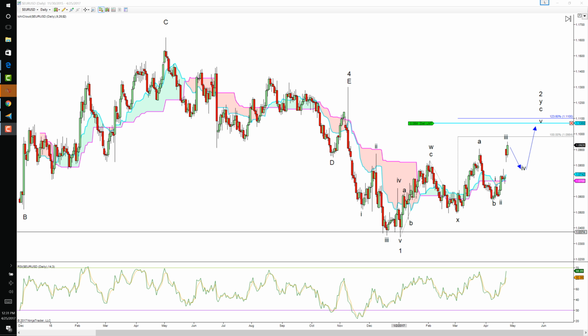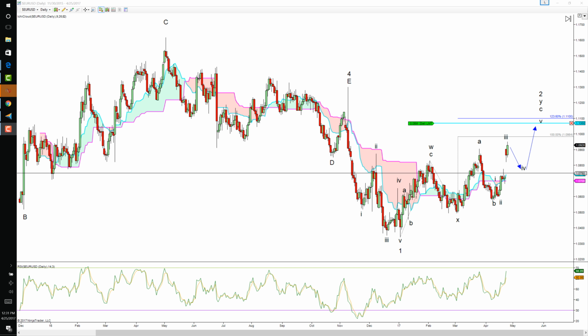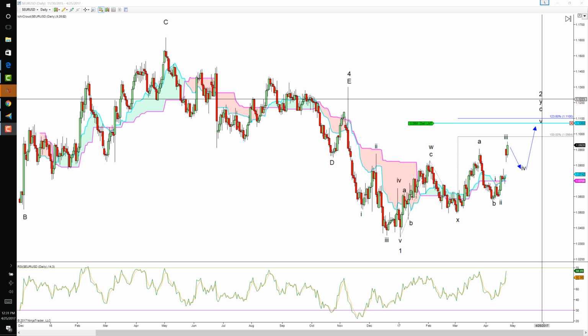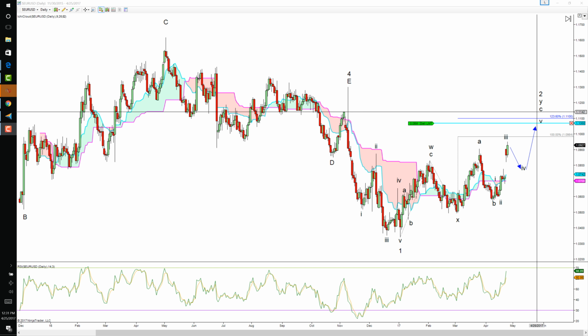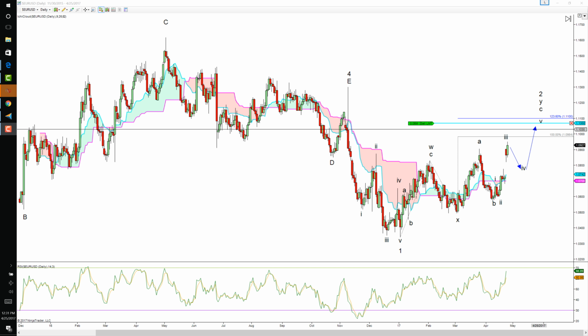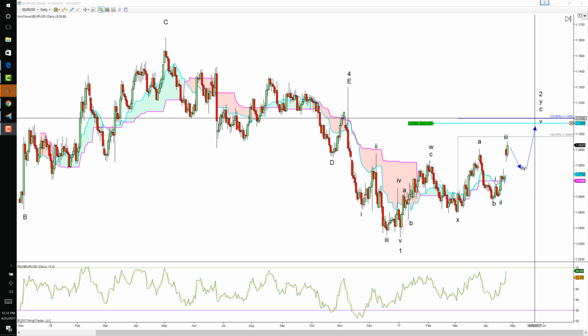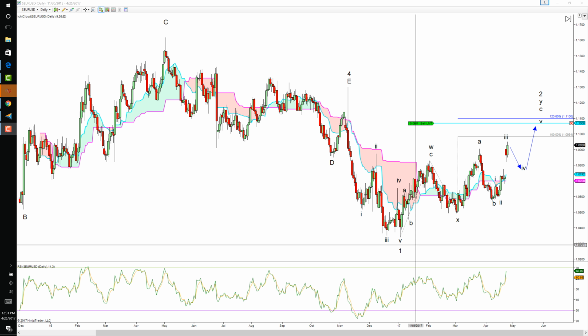Now, I have one here, and then I have the W, the X, and then it's a B, C, Y, or this can be a 1, 2, 3, 4, 5, which currently I have wave 2 projected to end at a high of 1.1070 or 1.1100.